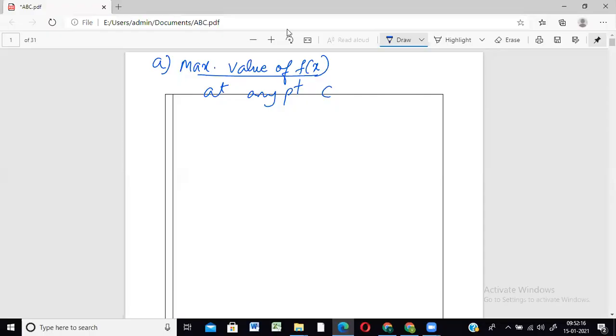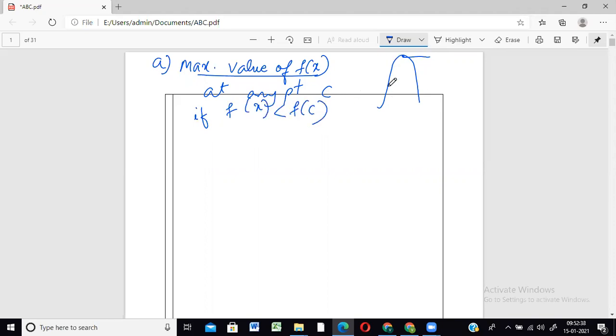So I was saying, if a function f of x is said to have a maximum value at any point c, this is possible only if f of x is less than or equal to f of c.